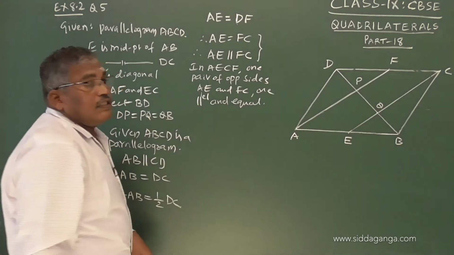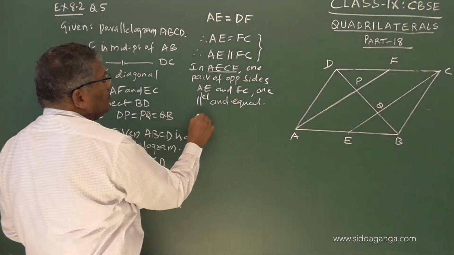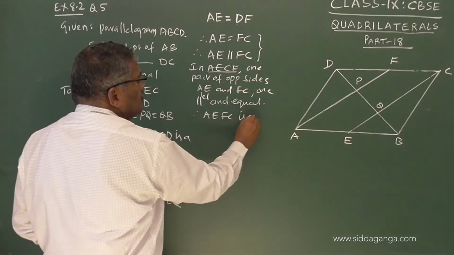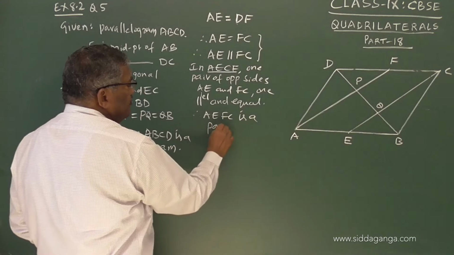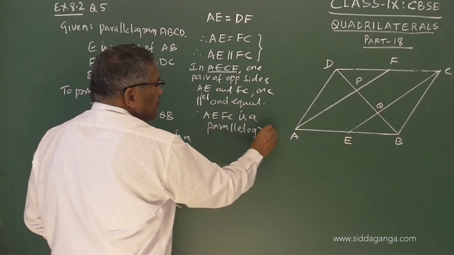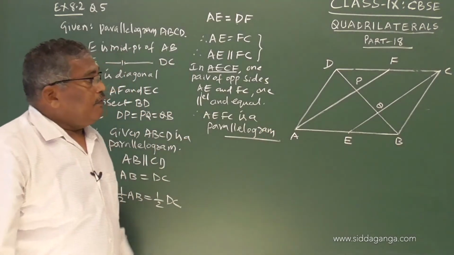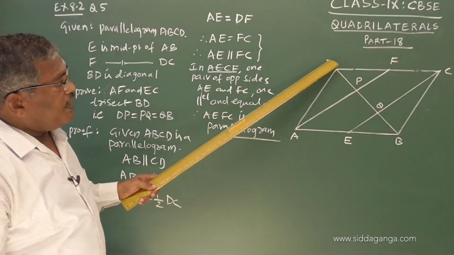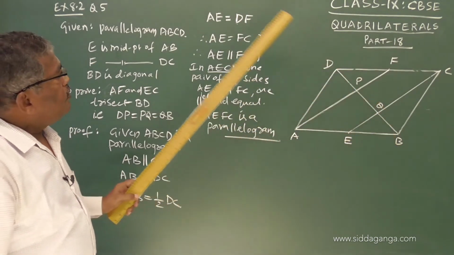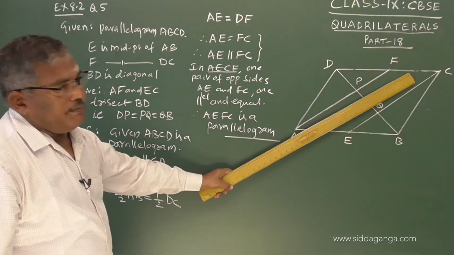So therefore, what is the conclusion? AECF is a parallelogram. So this is the first stage of the proof. We have to prove that DP is equal to PQ is equal to QB. So we have proved that AECF is a parallelogram.